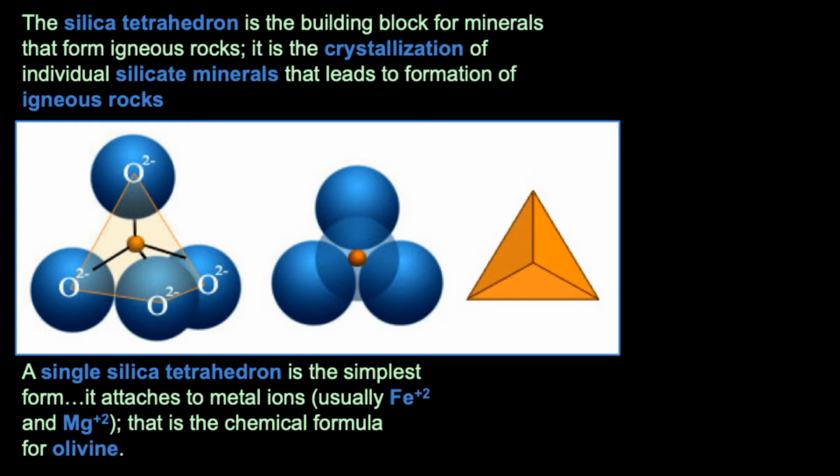You'll have 2 magnesiums that are +2 each that are going to satisfy the imbalance in that silica tetrahedra that way. So that is the structure of olivine. It's a single tetrahedron. It's the simplest silicate mineral you can form from a magma.